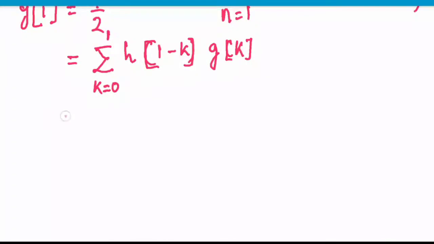This will be two terms: one for k equal to 0 and another for k equal to 1.